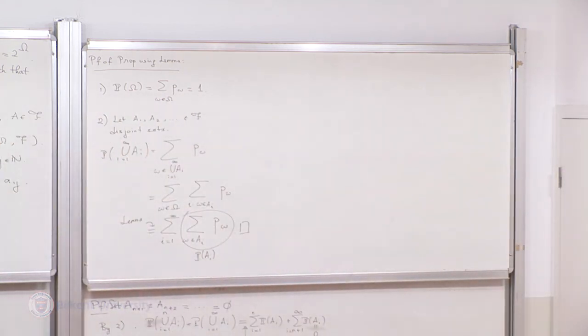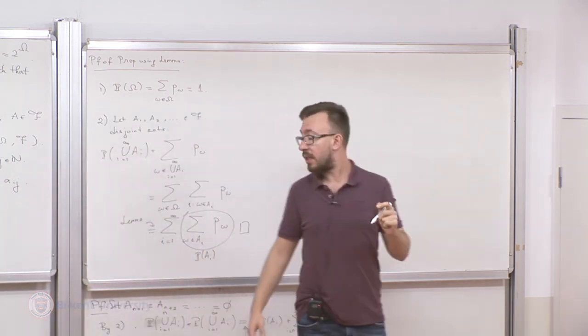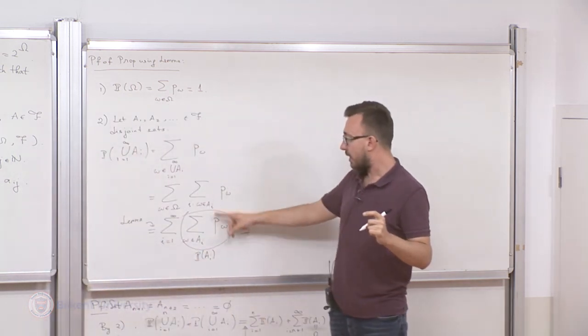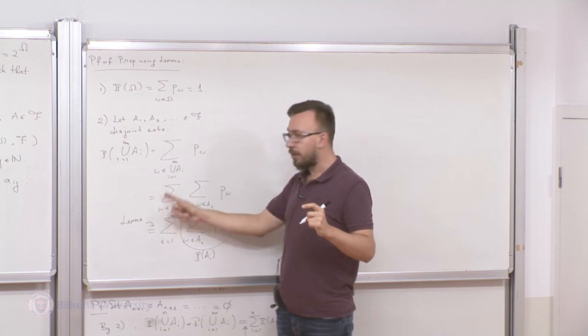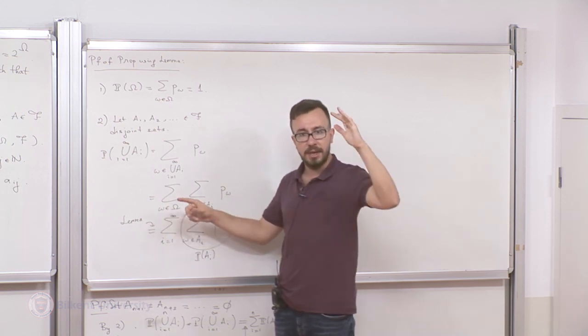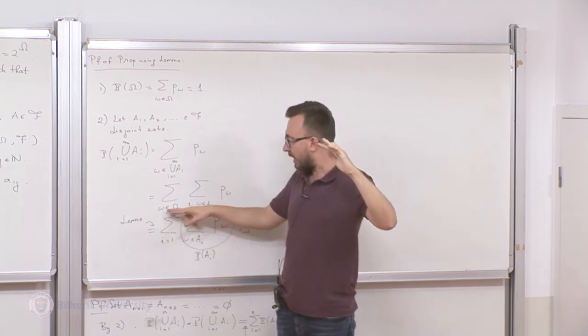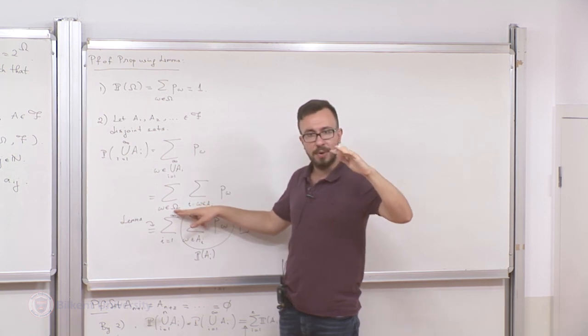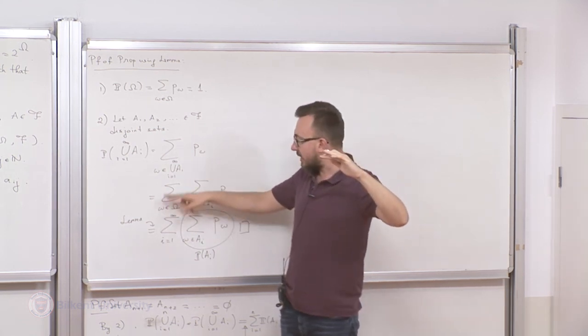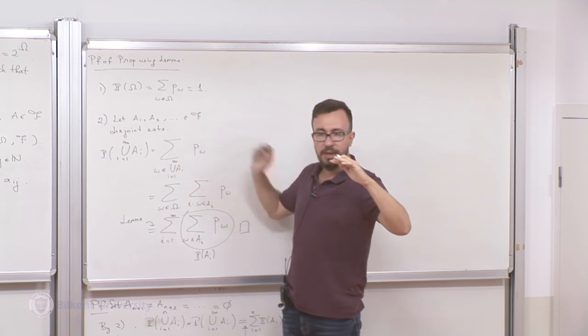Yes? I couldn't understand the switch. How do you make a switch? The switch is by the lemma. So this is a sum over all omegas, which is a countable sum. So you can also index the elements of omega like 1, 2, 3, 4, and see it as an index j from 1 to infinity.